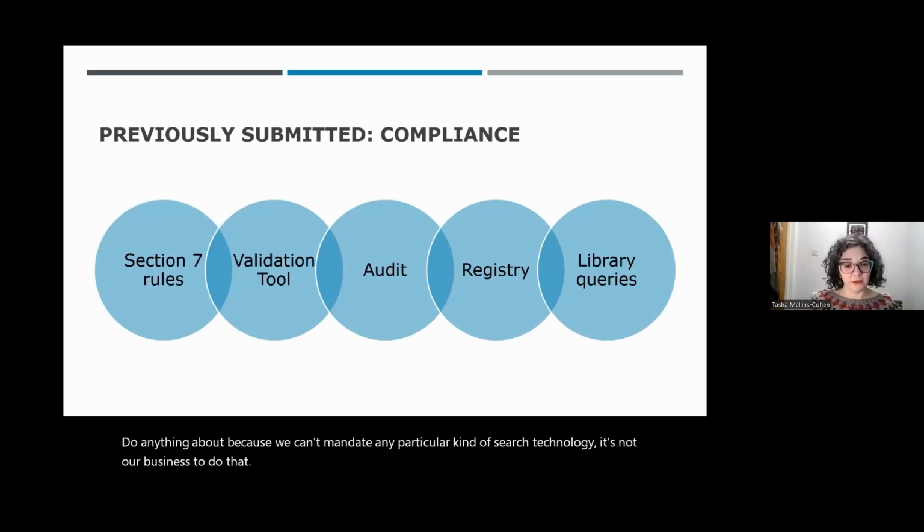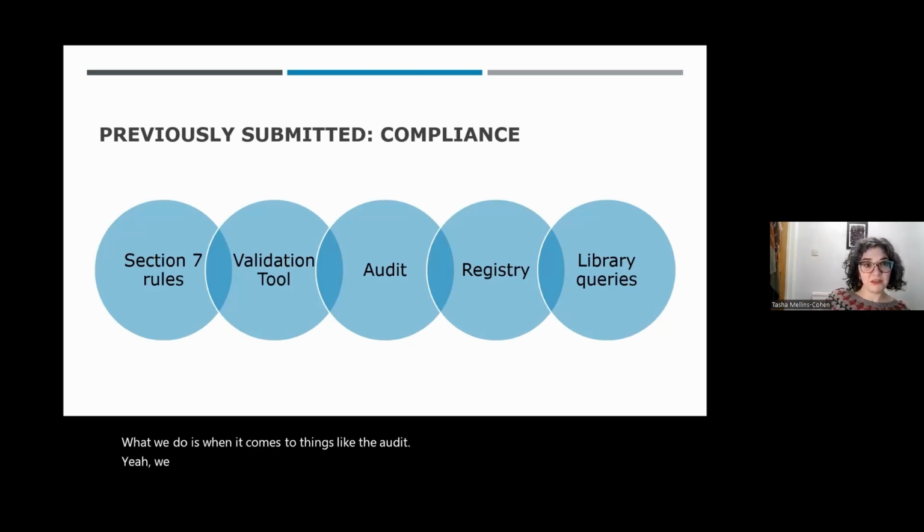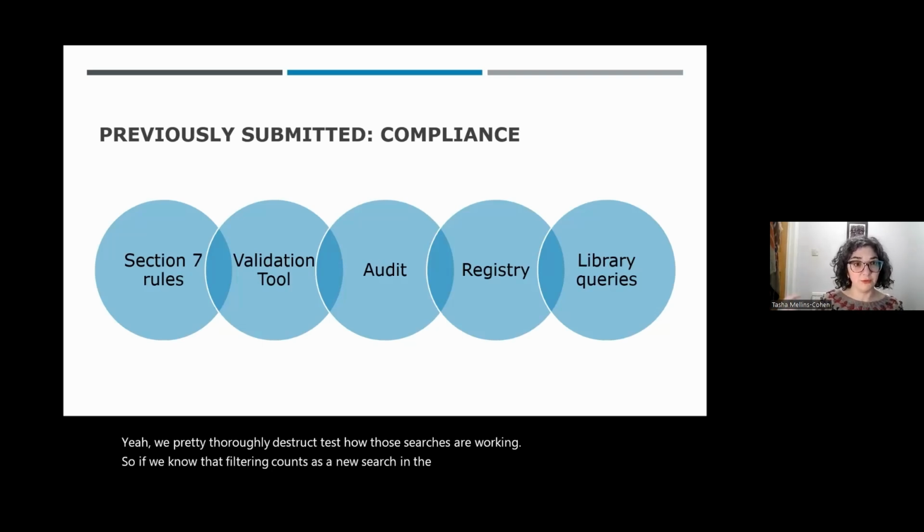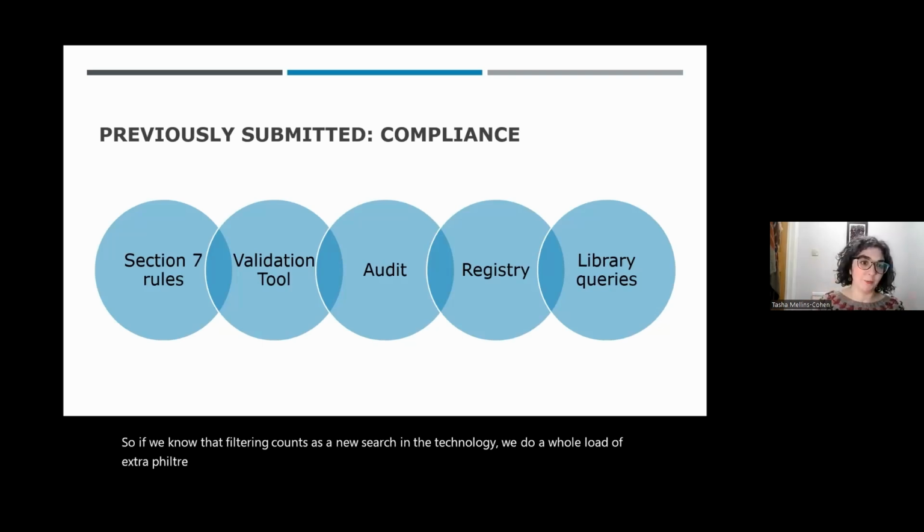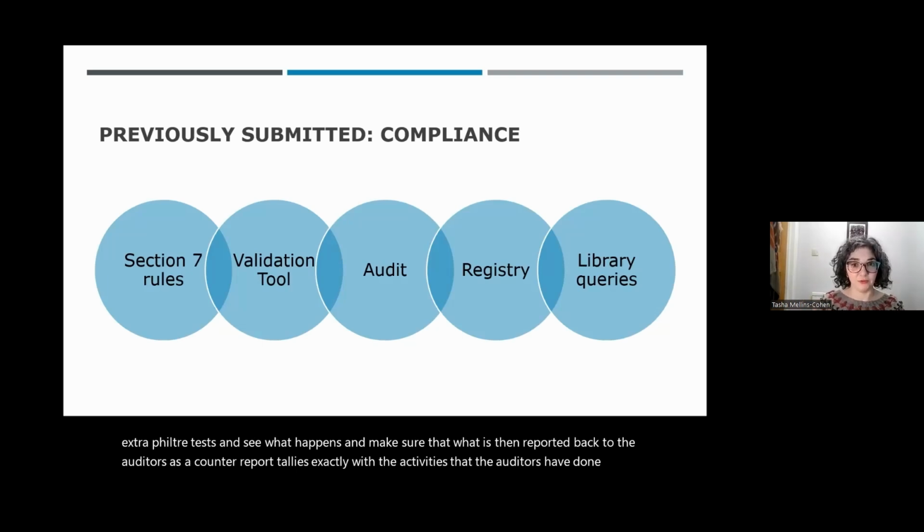What we do is, when it comes to things like the audit, we pretty thoroughly destruct test how those searches are working. So if we know that filtering counts as a new search in the technology, we do a whole load of extra filter tests and see what happens and make sure that what is then reported back to the auditors as a Counter report tallies exactly with the activities that the auditors have done themselves in the user interface.